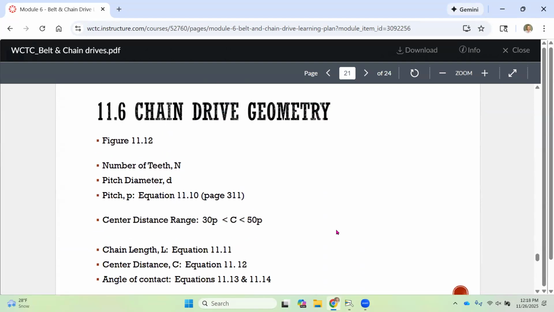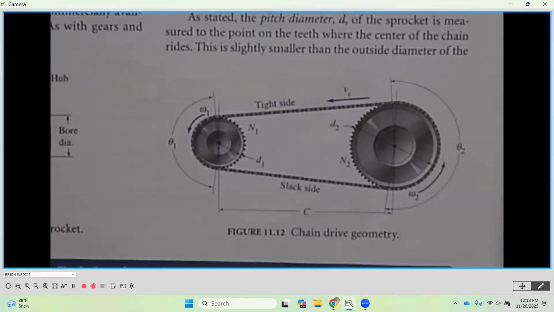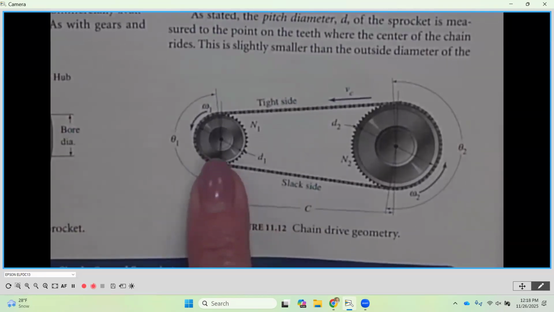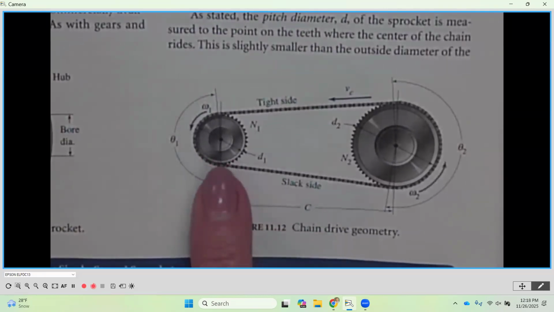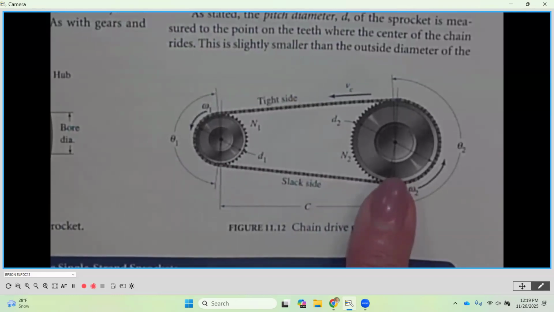Now, if I look at the chain drive geometry, that's going to be our figure over to the right here. What a chain drive consists of is a driver sprocket. Most often that's going to be the higher speed shaft, which usually has the smaller sprocket on it. It's going to have a lower speed or a driven sprocket.